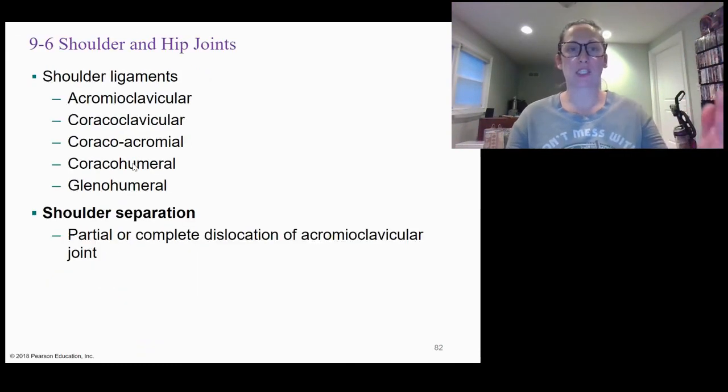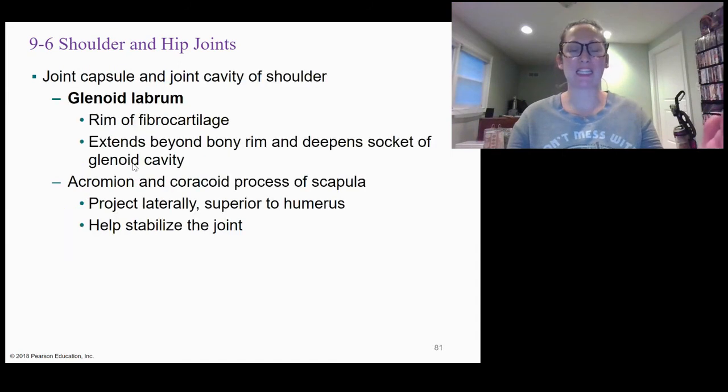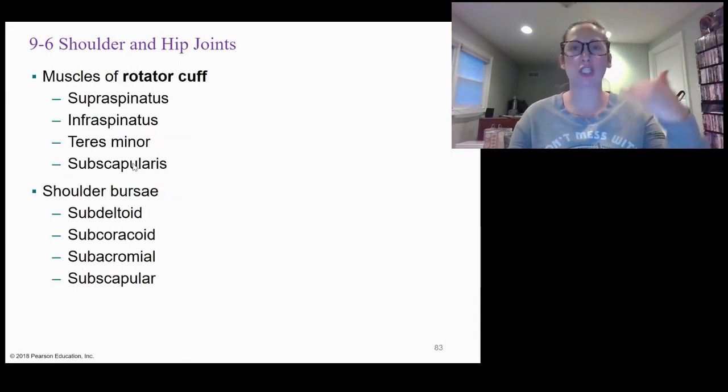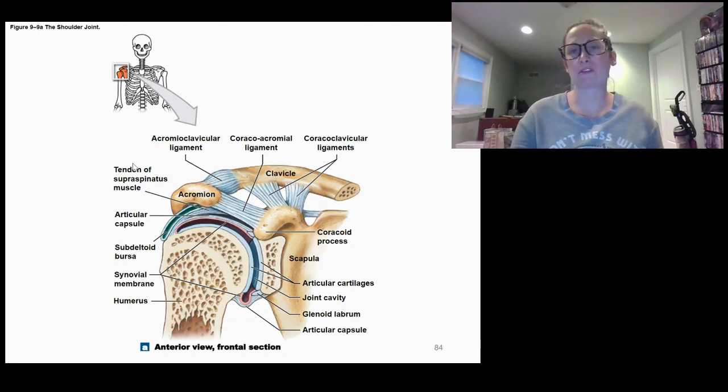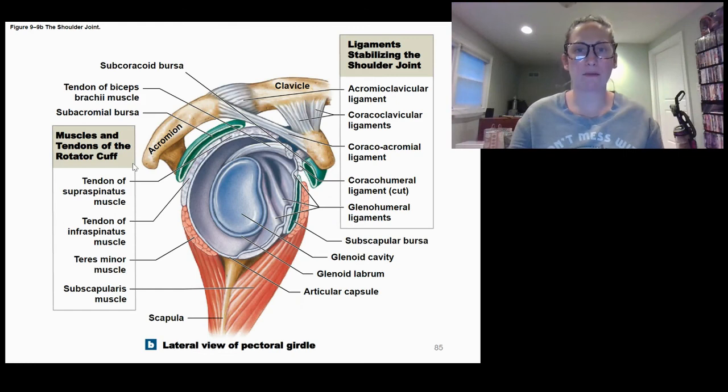So hopefully, just slipping back here, you can see that there are numerous structures that provide for the stability of the shoulder. And we can see just a few of those ligaments here, a lot of those coracos and acromioclavicular ligaments that are attaching acromion to coracoid process, clavicle to the scapula, and so on.